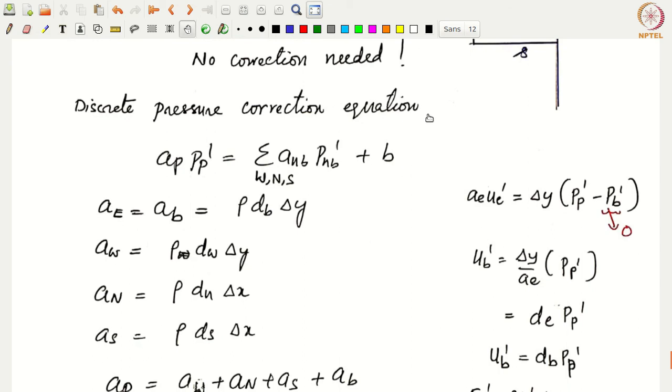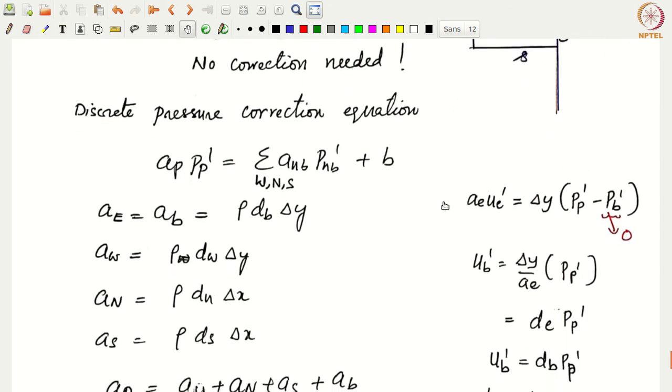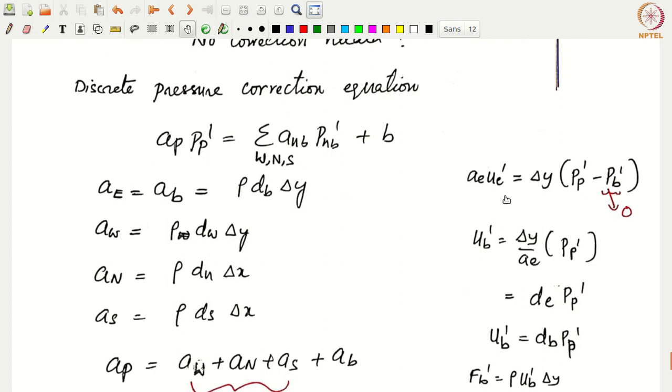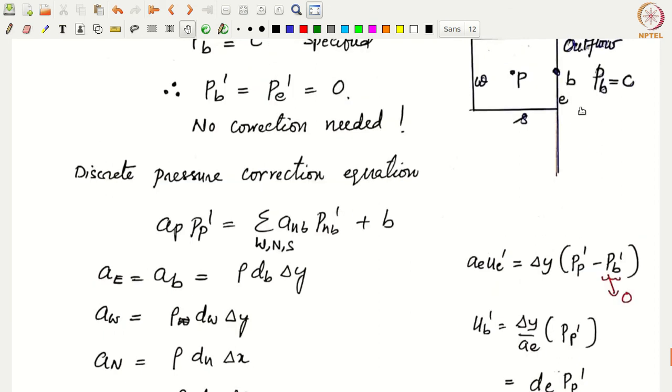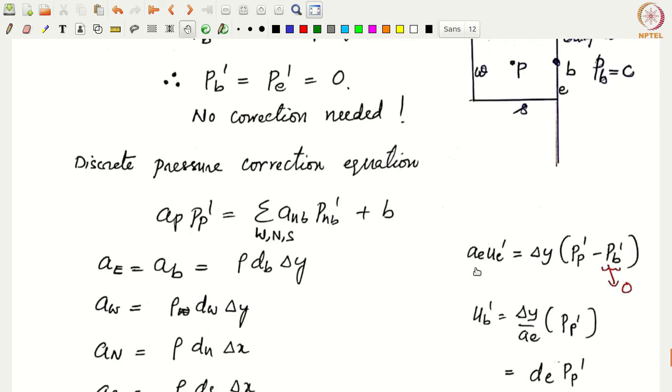Now if you look at the equation for velocity correction for the east face, a_E u_E prime equals delta y times P_P prime minus P_B prime. But we know that P_B prime is 0.